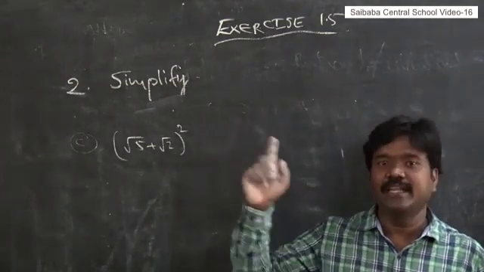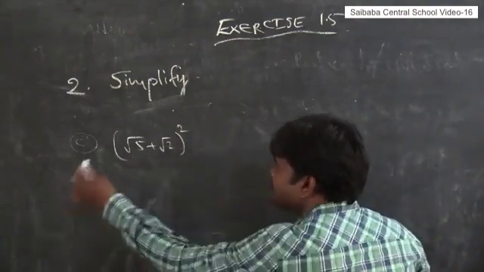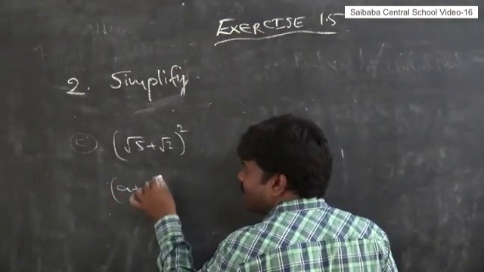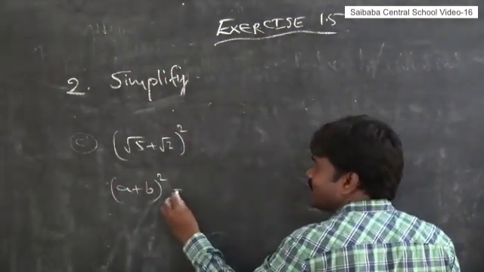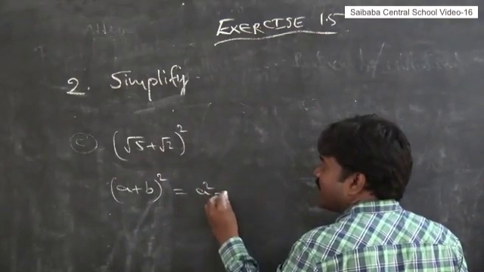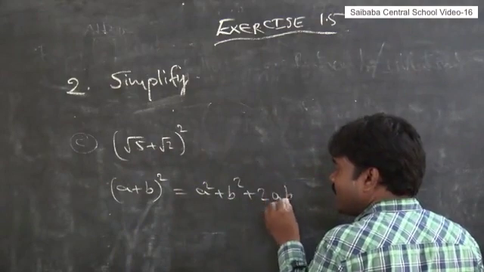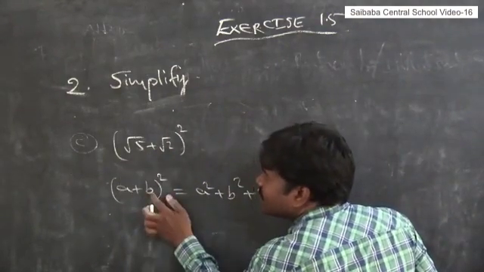We can use that identity directly, or else we can do it like this. It looks like A plus B whole square. What is the A plus B whole square formula? A plus B whole square is equal to A square plus B square plus 2AB, right? In the place of A, root 5, in the place of B, root 2.